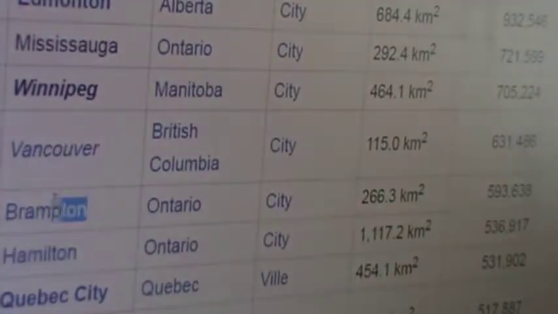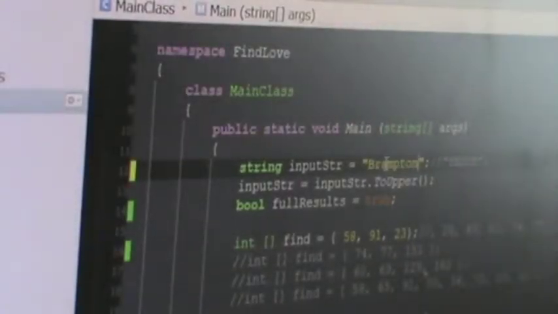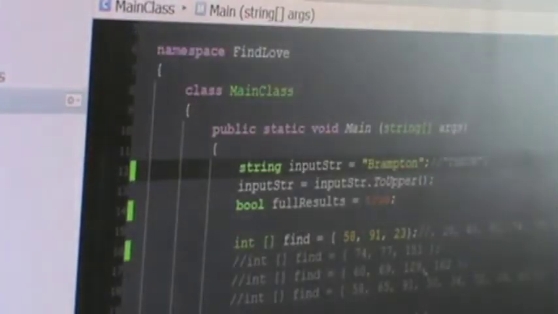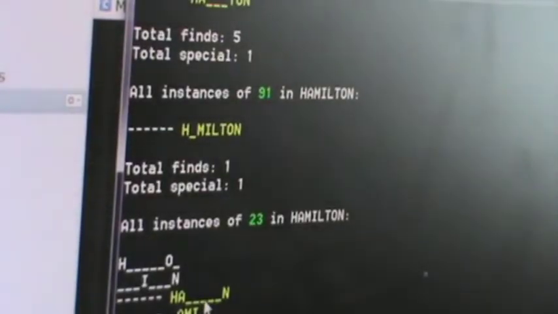Hamilton. Brampton. I guess it's fine just getting a few more Canadian places. Yeah, there's your BAT. Brampton and Hamilton. We're finding the great I am everywhere. Oh yeah, it contains I am in Hamilton. And Hamilton parallels I am. Oh my gosh.